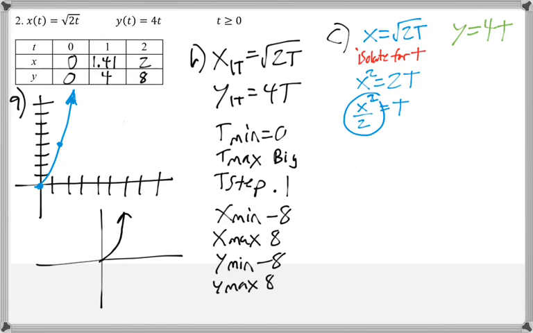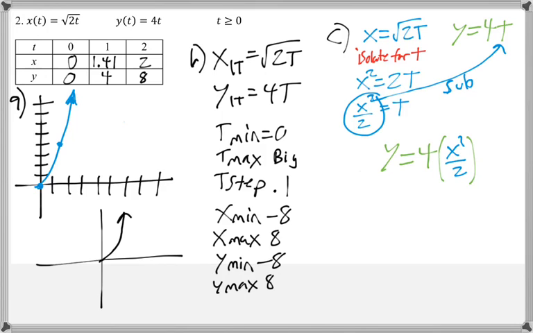So then I want to substitute this into the other one. So substitute that in, and you'll have y is equal to 4 times x squared over 2.